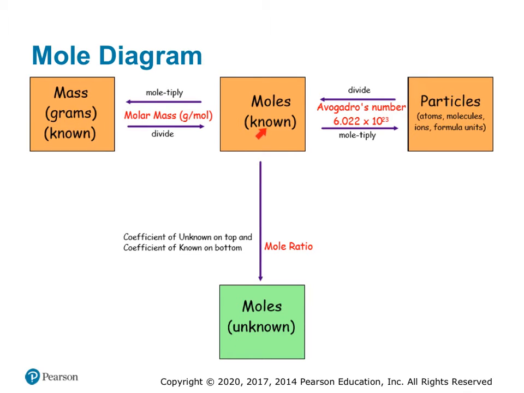In order to get from moles of known to moles of unknown, or substance A to substance B, we're going to use the mole ratio or the mole factor. The mole factor uses the coefficients of our two substances. The coefficient of the unknown always goes on top of the ratio, and the coefficient of the known always goes on the bottom of the ratio. So add this box to your mole diagram.